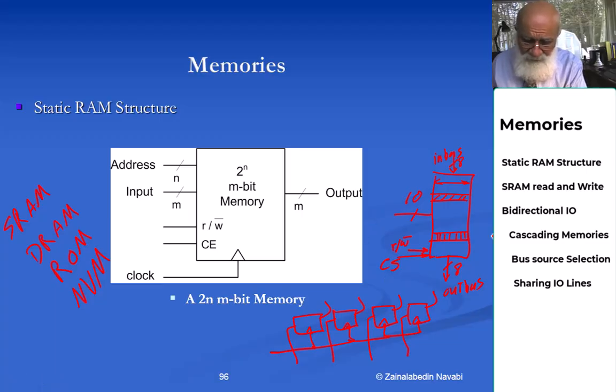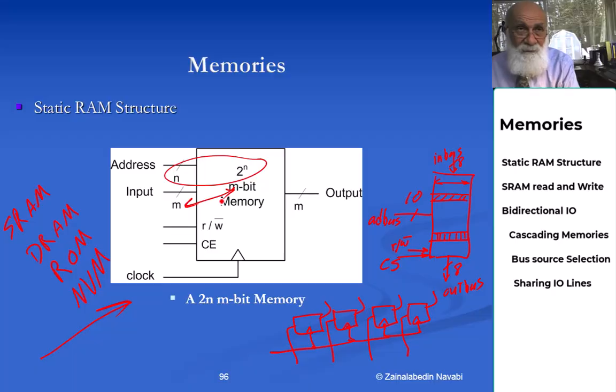So here on the right hand side, I'm showing a memory with chip select, with a read-write bar, 8 input lines, 8 output lines, and 10 address lines. What I'm showing here is a memory with N address lines, M input lines, and M output lines, and this is a 2 to the N by M-bit memory.